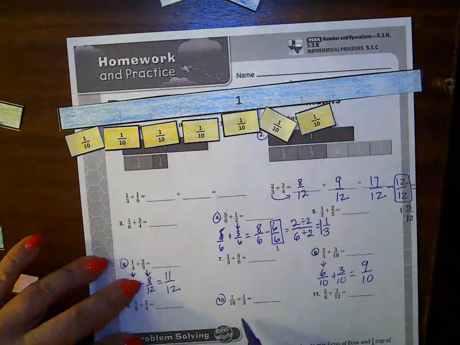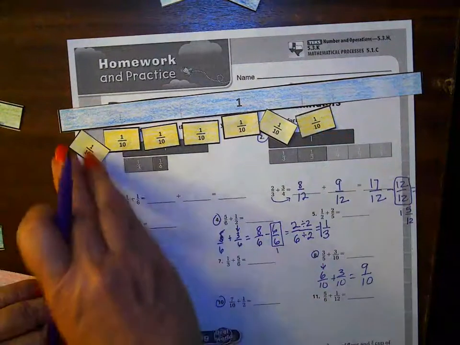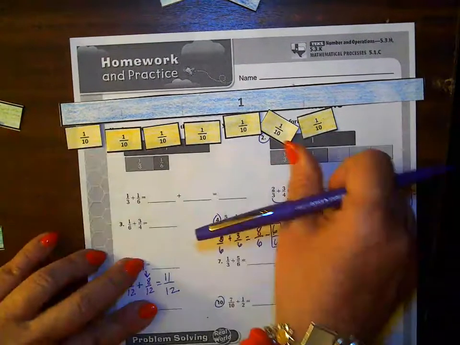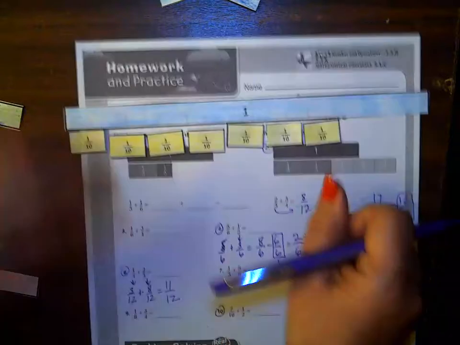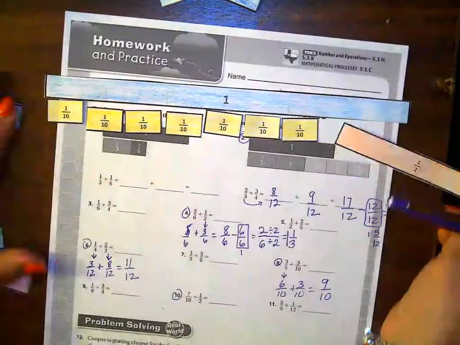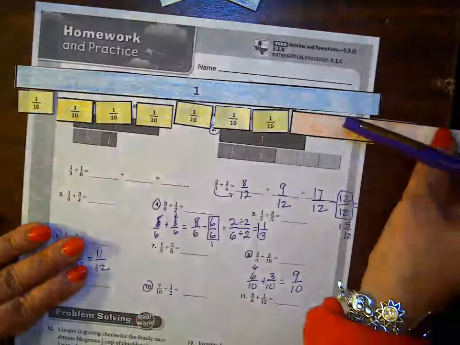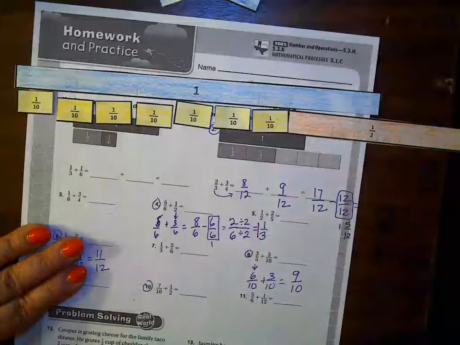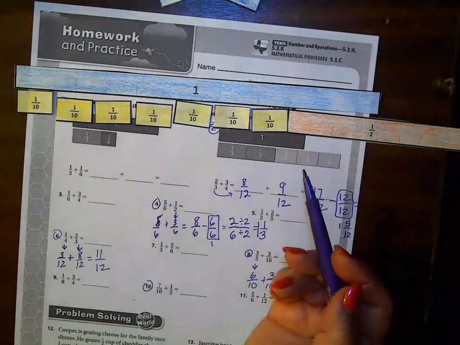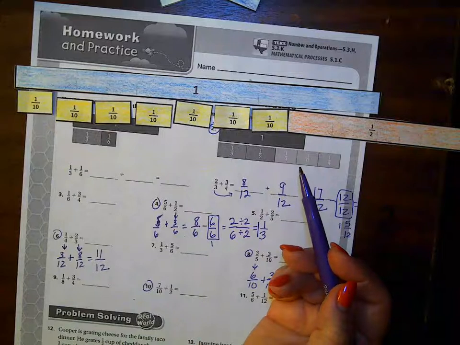So there's 7/10 plus 1/2. And when I place that 1/2, does it mean that it's going to be greater than 1 whole? Yes, it is. So what can I continue? Yeah, you're right. So if you said I can continue on with my tenths, you're absolutely right.